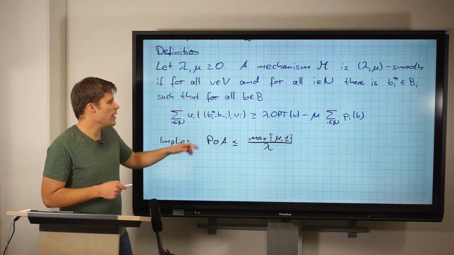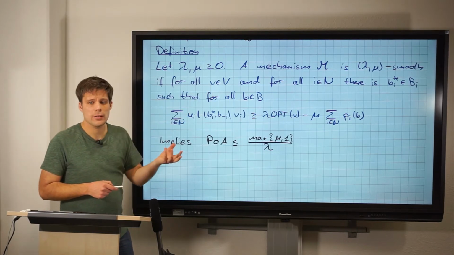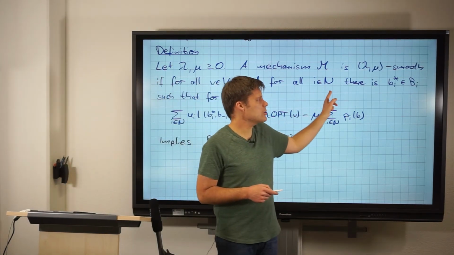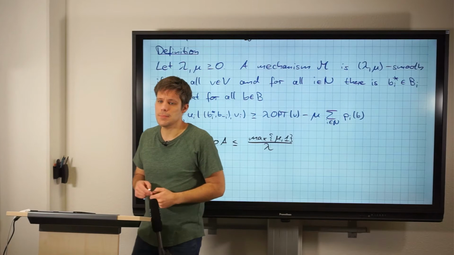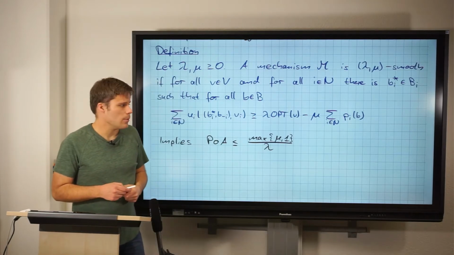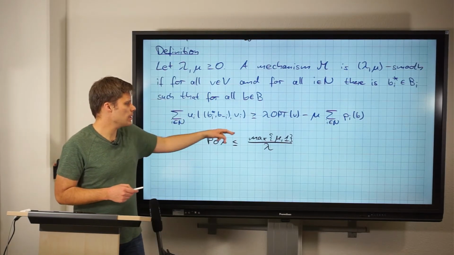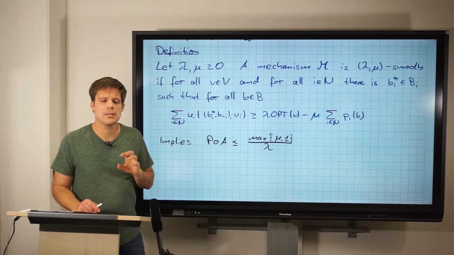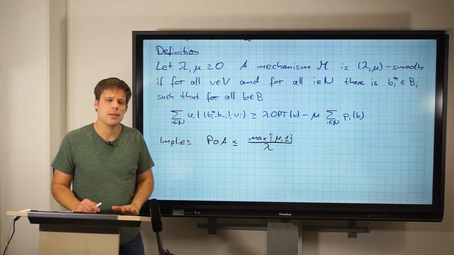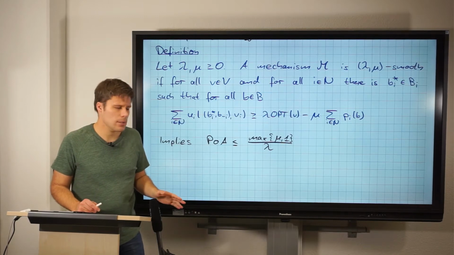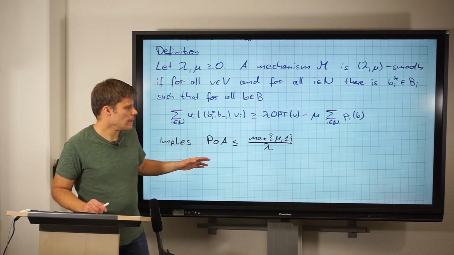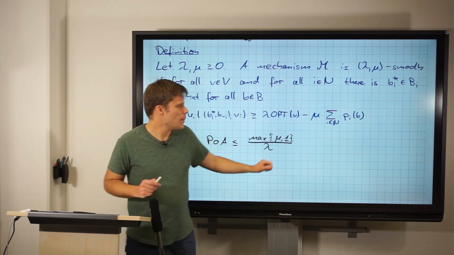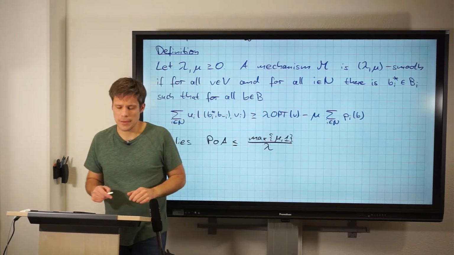And now for every valuation profile, the valuation profile will be fixed, we'll have to define for each bidder this bid bi star, which has the property that the sum of the utilities when this bidder bids bi star and the other bidders keep bidding is at least lambda times the optimal social welfare minus mu times the sum of the payments.